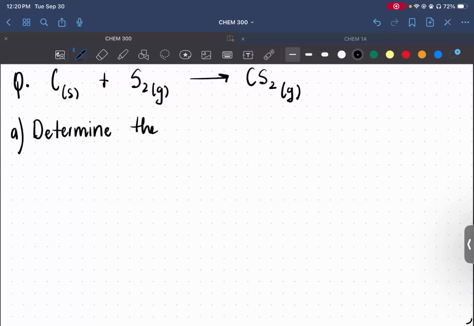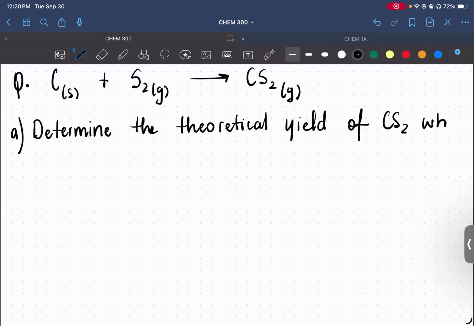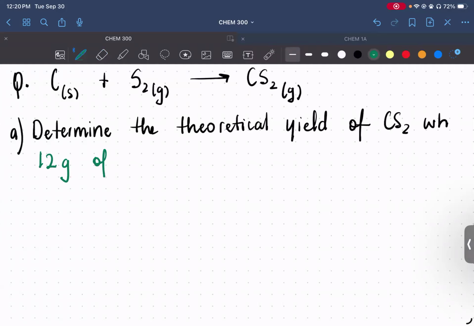Determine the theoretical yield of CS2 when 12 grams of carbon reacts with 23 grams of S2.